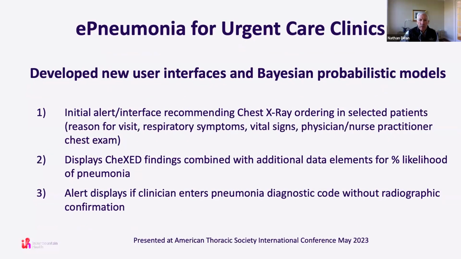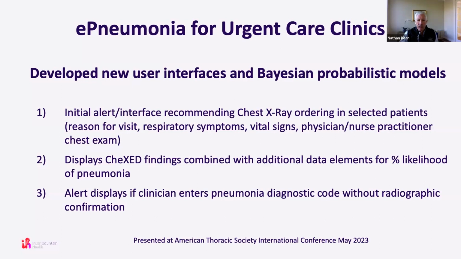For the urgent care clinics, we had to develop new user interfaces and new Bayesian probabilistic models because the patient population, the workflow, the physicians are quite different than in emergency departments. One of the issues in our urgent care clinics was that a fair number of patients were being diagnosed with pneumonia without getting a chest X-ray to document whether or not we have actual pneumonia that is evident on the X-ray.